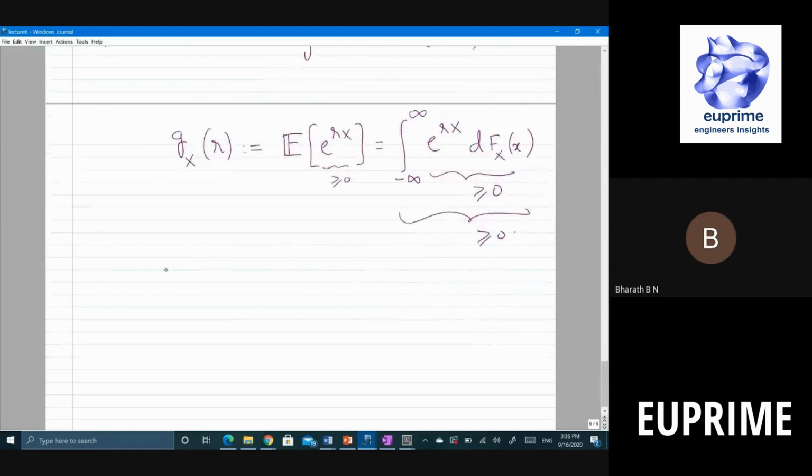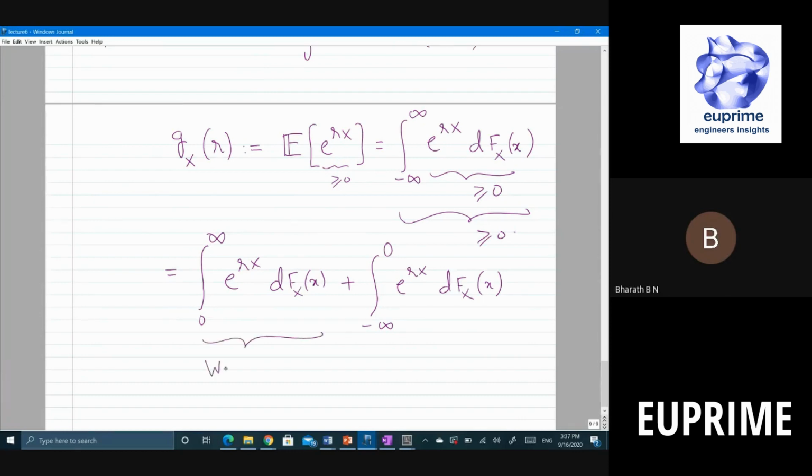The other thing that I can say is I can integrate this from 0 to infinity of e power rx dFx of x, plus I can integrate from minus infinity to 0 of e power rx dFx of x. Now if I want to ask questions about existence of this integral, that means the integral should not be unbounded. That means I want this to be less than infinity, right?